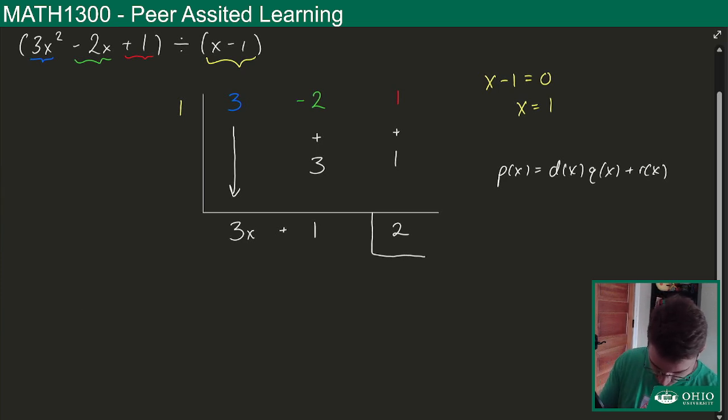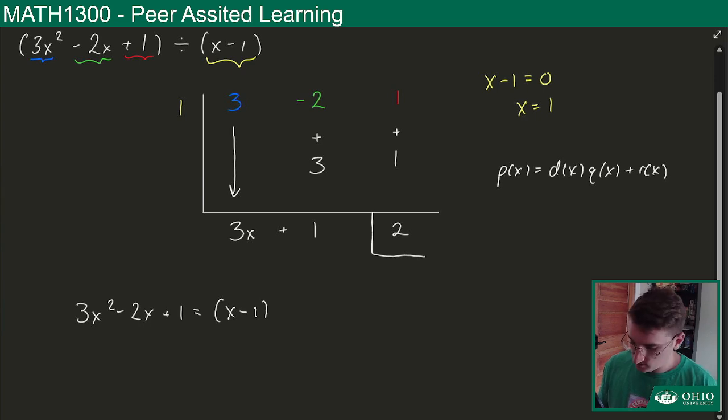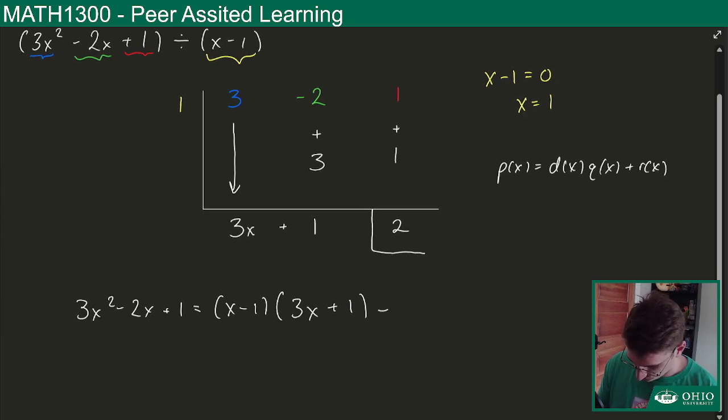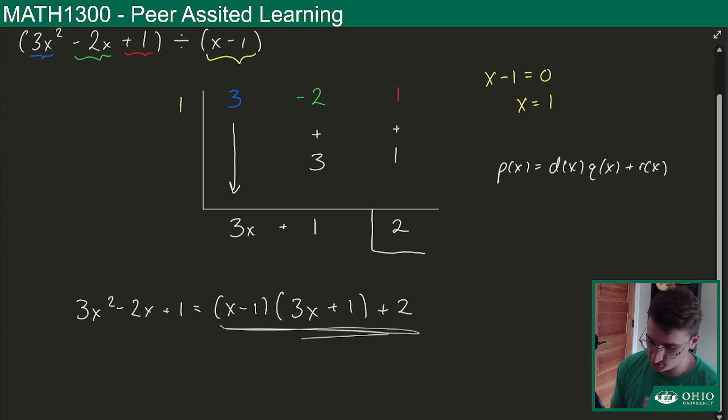And so p(x) is going to be the main polynomial that we were dividing. d(x) is going to be the thing we divided by, so that's that term x minus 1. q(x) is going to be the answer we obtained from our division table, so I can write that as 3x plus 1, and then we simply add the remainder. Now, you can check if this is correct by expanding out this entire expression and seeing if it matches the left side, and you can verify that it indeed is equal.